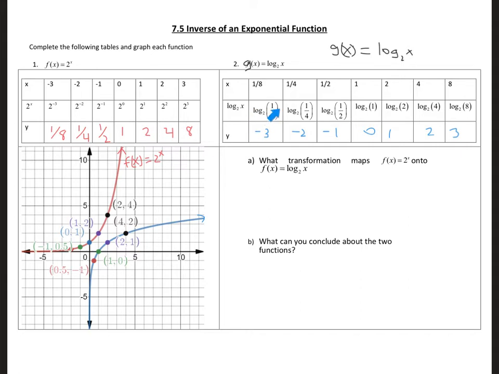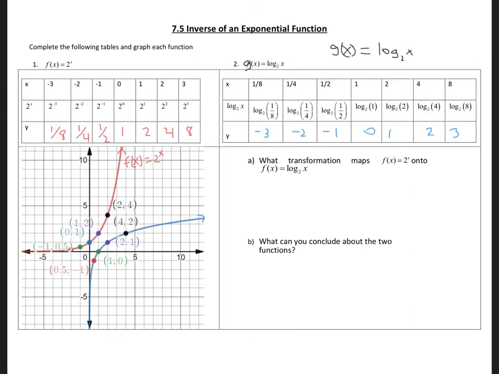Like, 2 raised to what power gives me 1/8? I got -3. For 2 raised to what power gives me 4, I got 2. 2 raised to what power gives me 1, and then 2 raised to what power gives me 8, I got 3. So I was able to evaluate the logarithm because I got some convenient values, and they just happen to be from the range here.